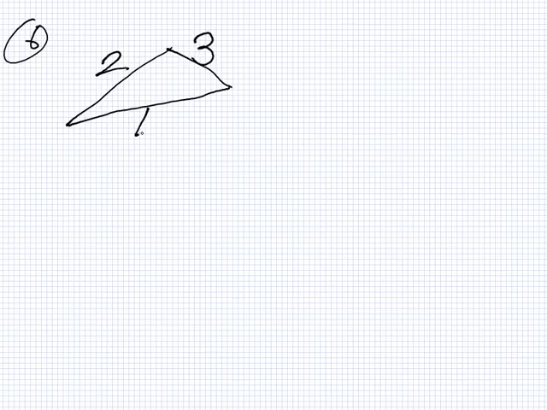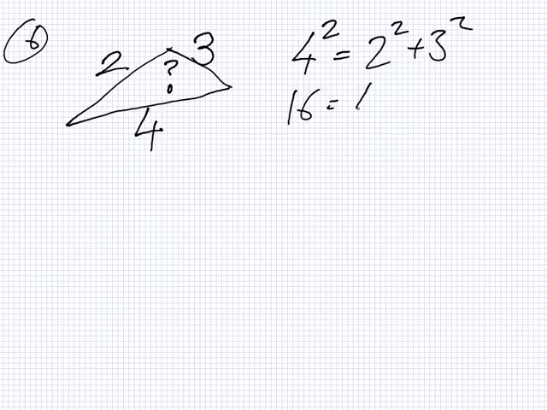So 16 equals 4 plus 9, so 16 equals 13. Because this is false, it's not a right angle triangle. This is a useful, simple way to check if the triangle is right angle, if Pythagoras is still true. So write this example down. It's a very useful example.